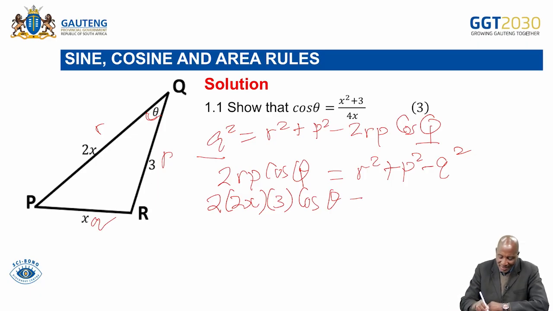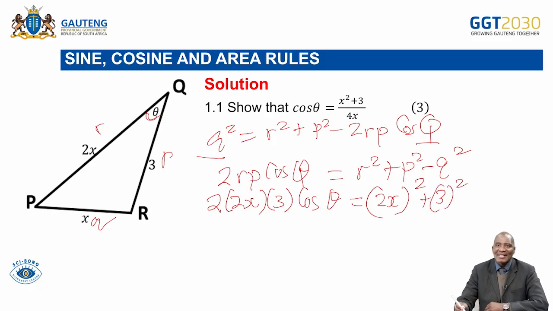This equals, on the other side, we square r, which is our 2x squared, added to 3 squared. It's always wise to put these in brackets. Then minus our small q, which is x squared.